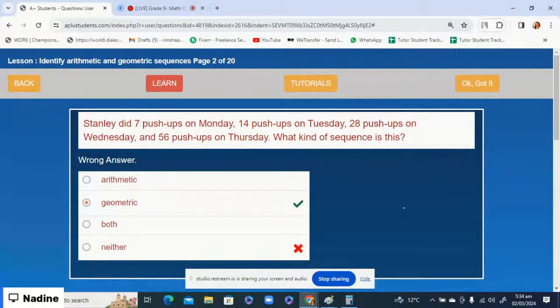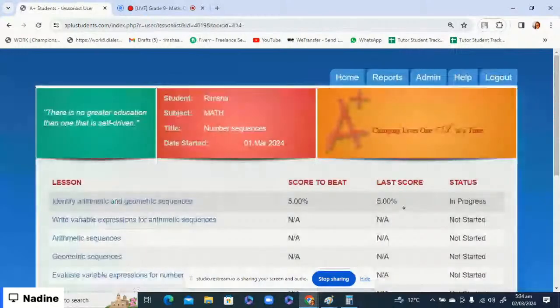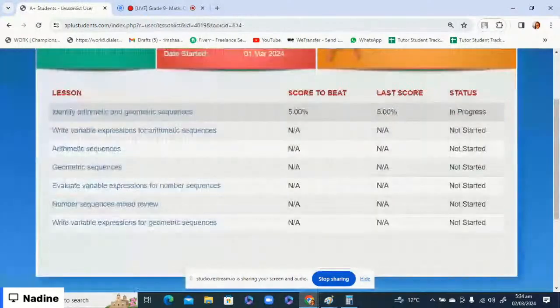All right. Now you guys tell me, are you able to understand this one? Identify the arithmetic and the geometric one. I'm going to repeat it again. In the case of arithmetic, make sure the difference between all the terms of the sequence is the same.